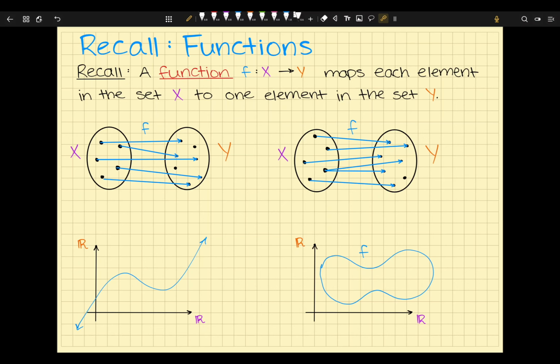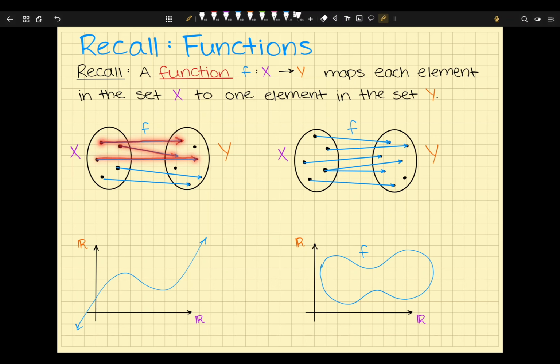Let's recall from, I think, week 2, that a function f, which maps from the set X to the set Y, assigns each element in X to one element in the set Y. This part, where we assign each element in X to only one element in Y, is important. For example, each dot here on the left gets mapped to one dot on the right in Y.